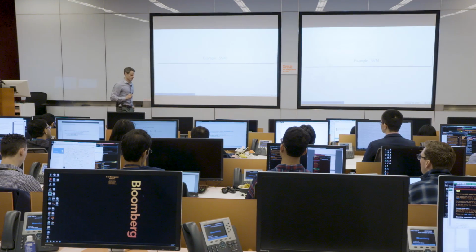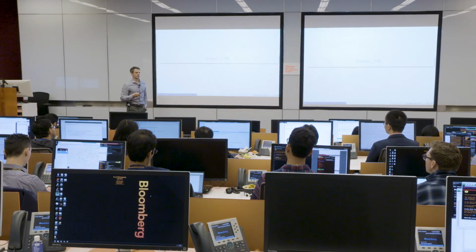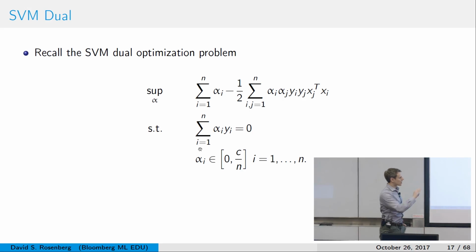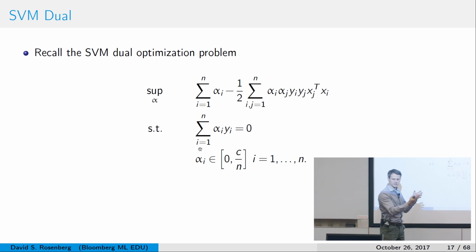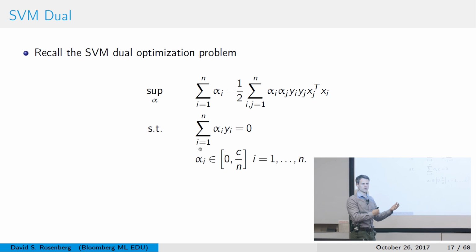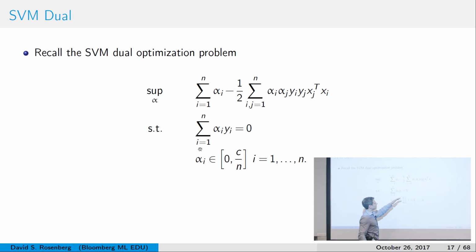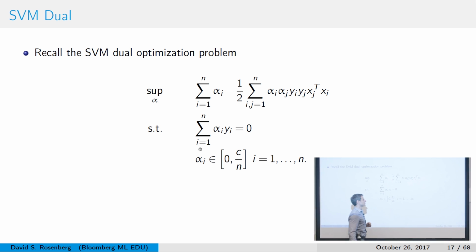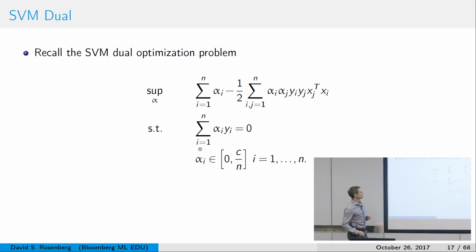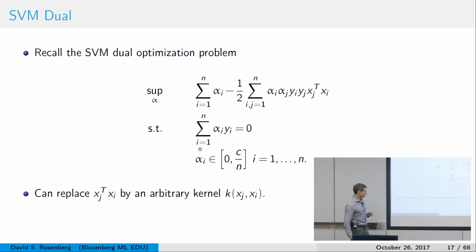All right. So let's look at this SVM again. I dropped the feature map to make it look exactly like the SVM we had originally. This is the dual form. So now we have just xj transpose xi. Those are the inner products between two inputs.